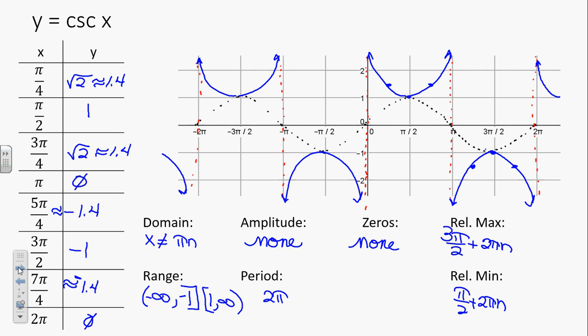Yep, multiples of pi. So asymptotes is going to be pi n. Okay, so 0 times pi, 1 times pi, 2 times pi, negative 1 times pi. Okay, make sense? All right, next one.